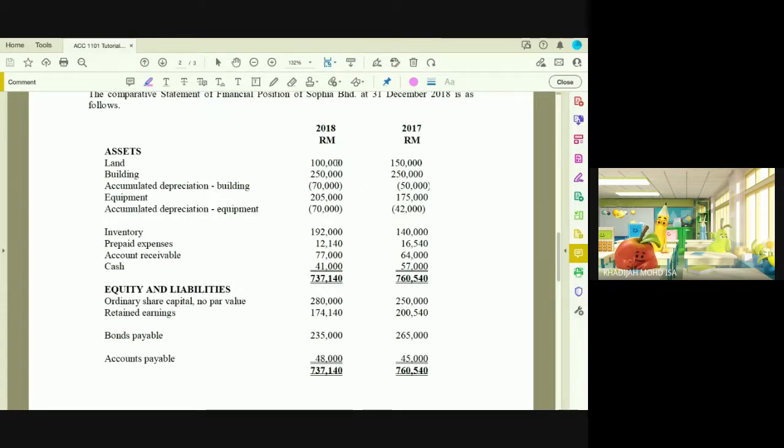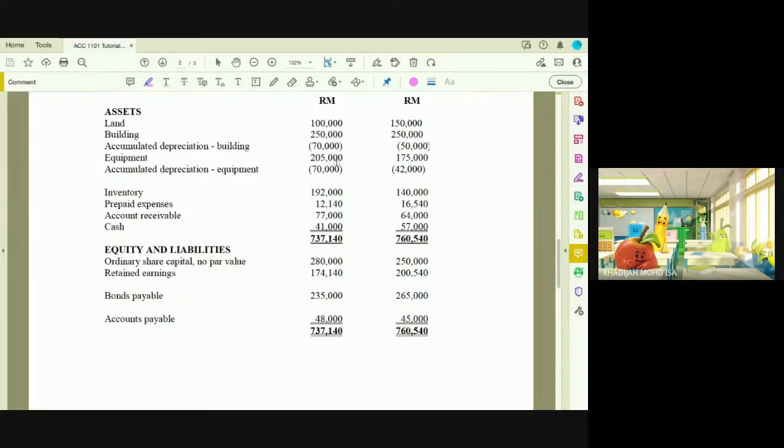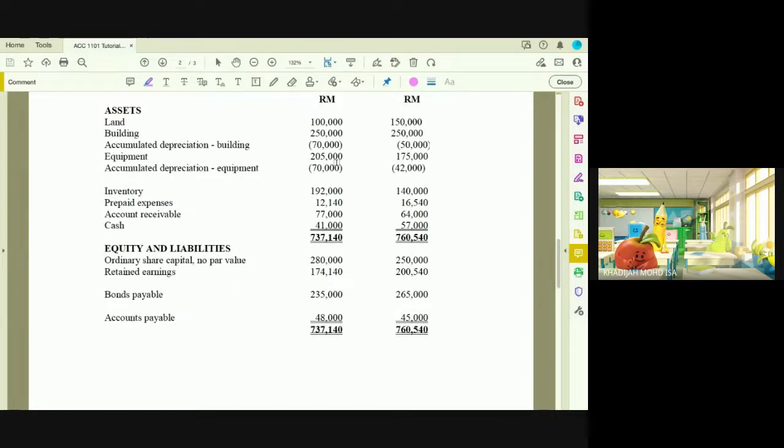Equipment also has an increase, so it means that there could be a purchase of equipment. Depreciation of equipment increases. Inventory increases as well. So remember that you have to take note of your current assets and current liabilities. How much is the increase here?